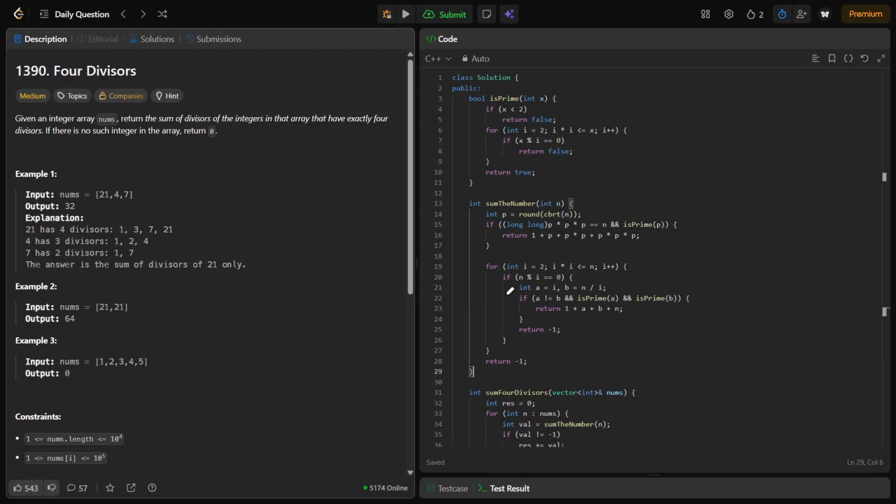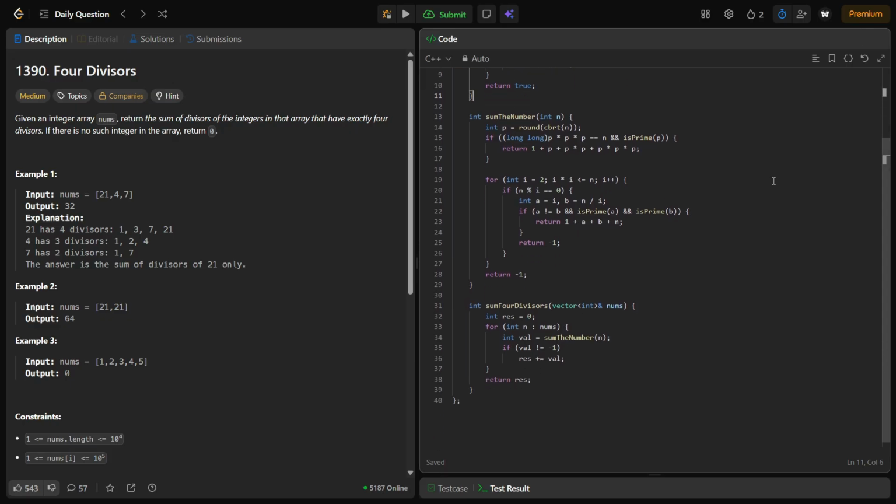Okay, let's move towards the code. First, you can Google how to check for a prime number. Now I will check if the number is the cube of some number. If it is a cube and the base is prime, then I can just return 1 plus p plus the square plus the cube.